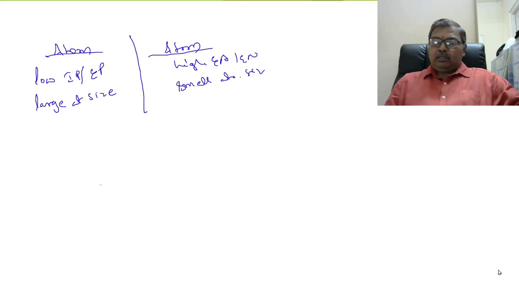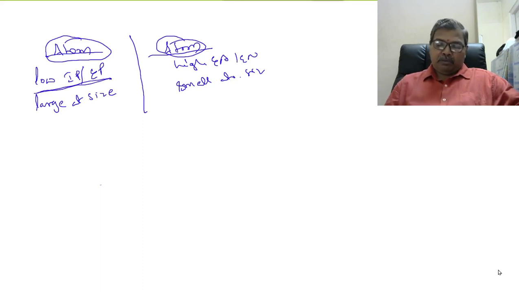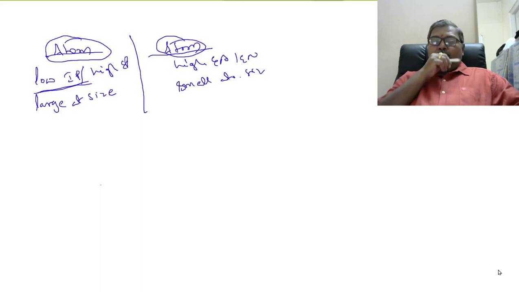So generally ionic bond is formed between two atoms. One should have low ionization potential or high electropositivity and large atomic size, and the other an atom with high electron affinity or electronegativity and small atomic size.